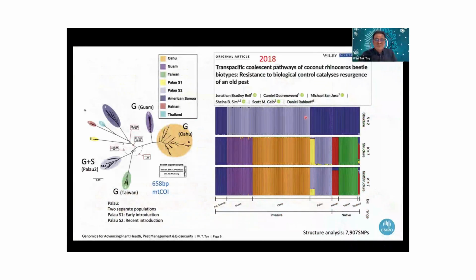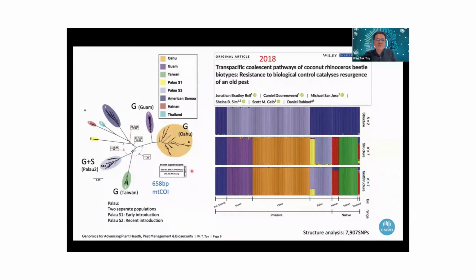Now, in 2018, a group at the University of Hawaii looked at the population genetic structure based on the barcoding gene, as well as on nuclear polymorphic markers, just under 8,000 markers.